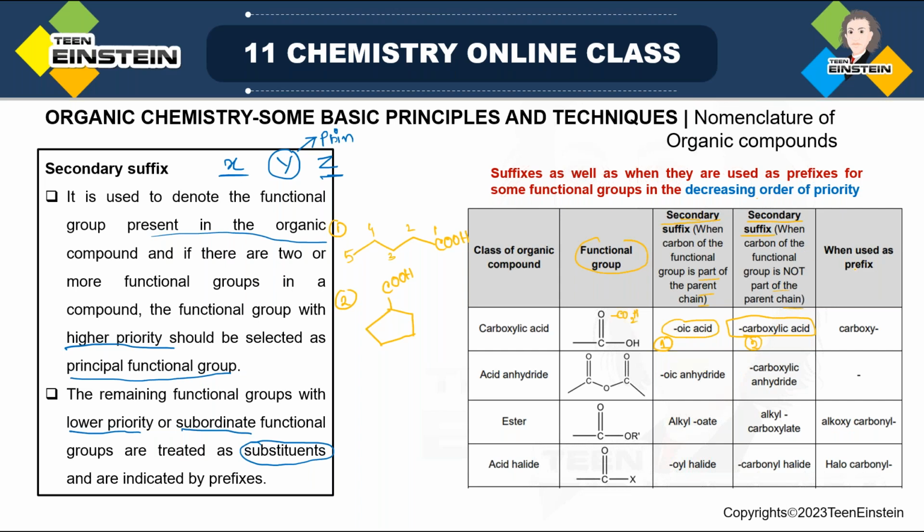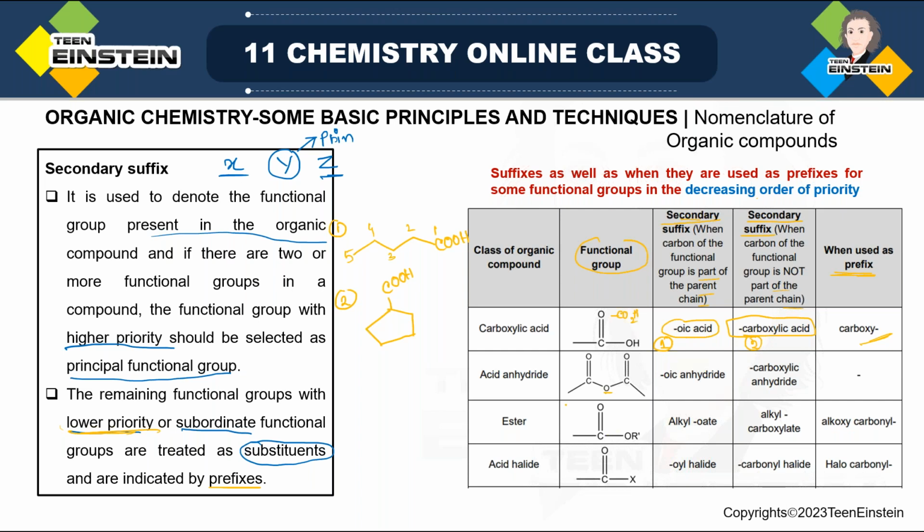And when they are used as prefix, though we have not discussed prefix, we have to use it here, because suppose the CO2H group is not treated as the main functional group, then what to do? Suppose it is a prefix, which is mentioned here as lower priority, in that case this is the term that is used. Next group, acid anhydride.